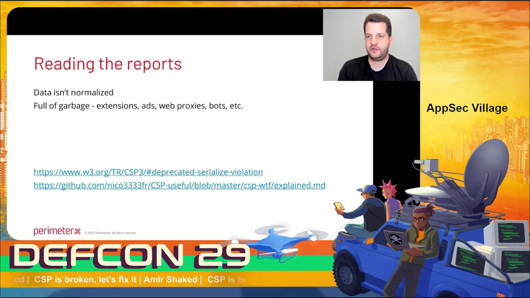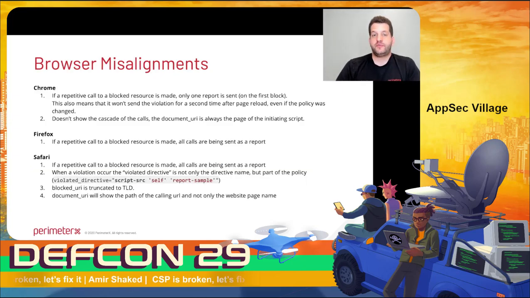And then we have the browser misalignments. Like we said, the actual data is not defined within the spec, when and how the information should be sent. And you can see a few examples here which are very interesting. Let's start with Chrome. In Chrome, if a resource was actually blocked, then you will get the report once and only once for that first block, even if the resource is being called again and again and again.